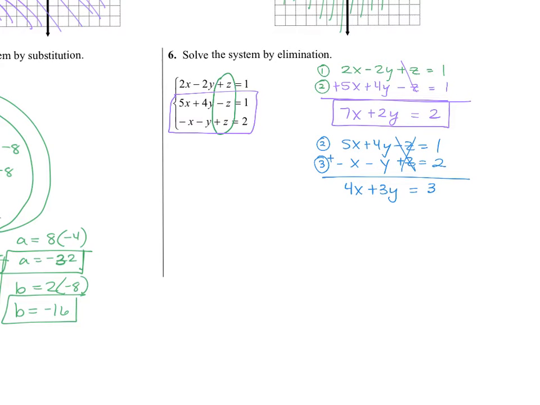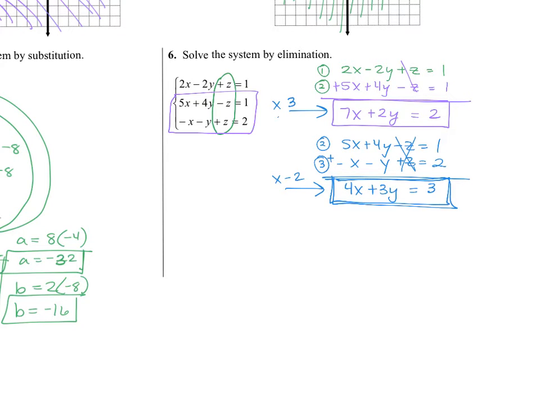Okay, now I'm going to take those 2 equations, the one that's boxed in blue and the one that's boxed in purple, and do elimination with those. To eliminate, I will multiply the top equation by 3, and I'll multiply the bottom one times -2.